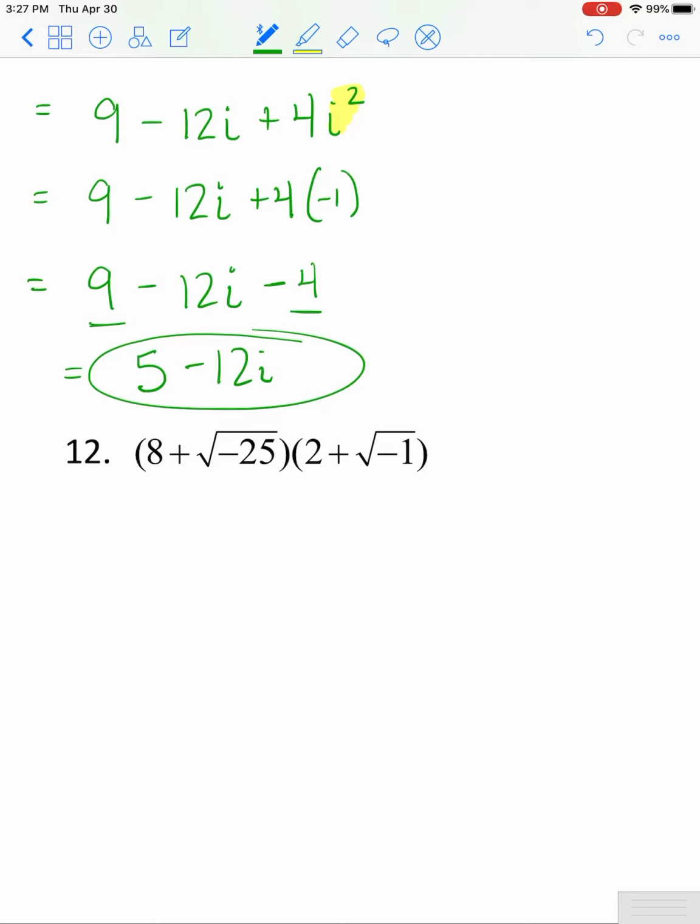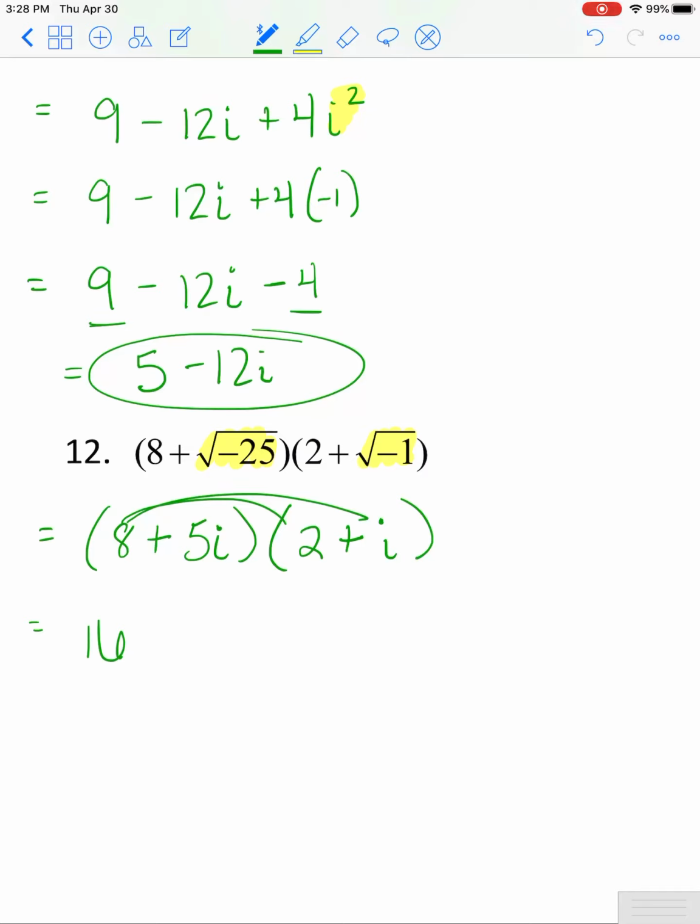All right, last example that we've been working with. If I take a look here, before I start multiplying, I know that I can simplify these. So I actually have 8 plus 5i times 2 plus, I know that the square root of negative 1 is i. Now it looks like something I can do with my double distributive property. So I get 16 plus i squared plus 10i plus 5i squared.